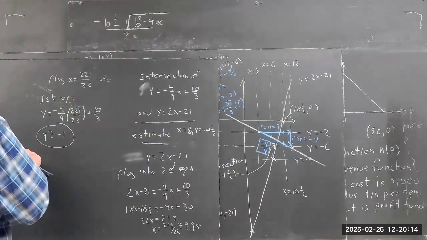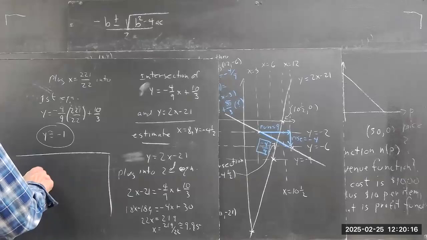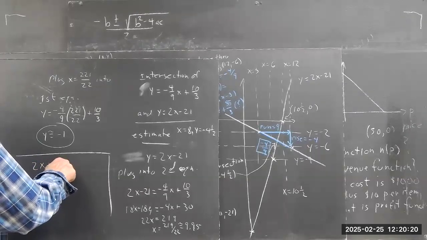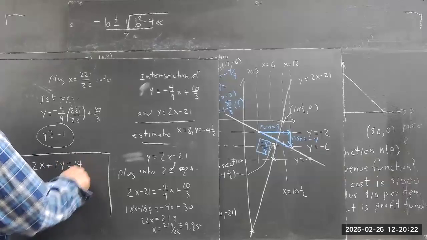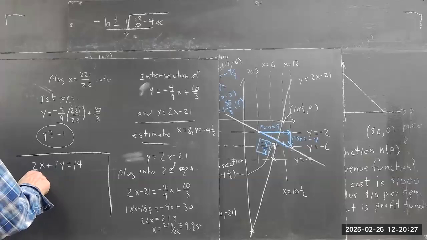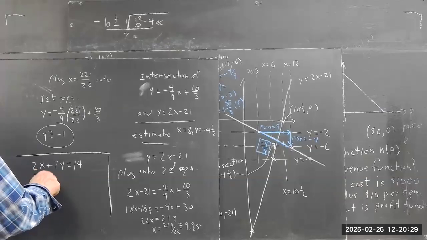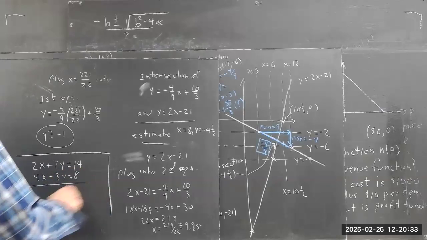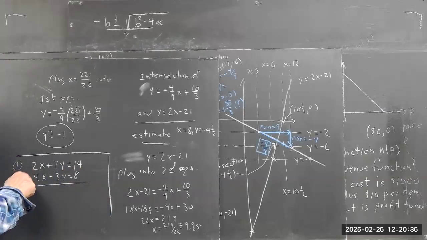Quickly, another thing we can do. So I got 2x plus 7y equals -14, and x minus 3y equals 8. Call this equation 1, call this equation 2.